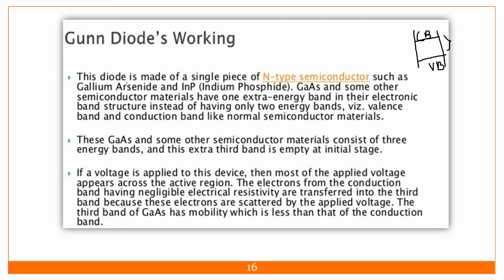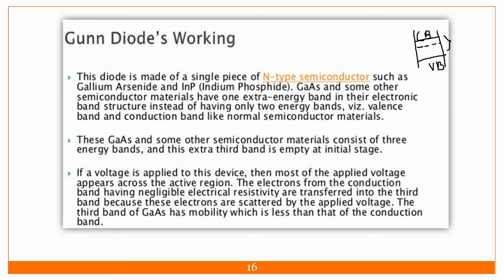But in GaAs or indium phosphide, you will find a third band. This third band is empty in the initial stage. You will find an energy band over here, but this is my empty band.